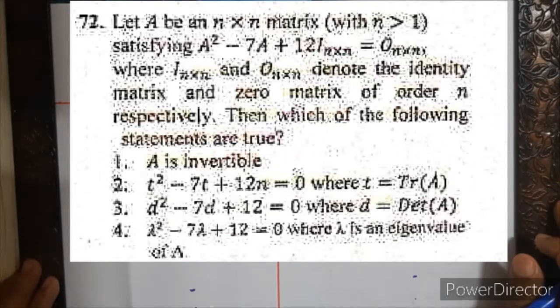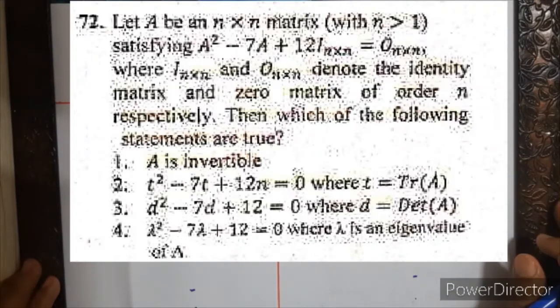Which of the following statements are true? First one: A is invertible. Second one: t square minus 7t plus 12n is equal to 0, where t is the trace of A. And the third one: d square minus 7d plus 12 is equal to 0, where d is the determinant of A.